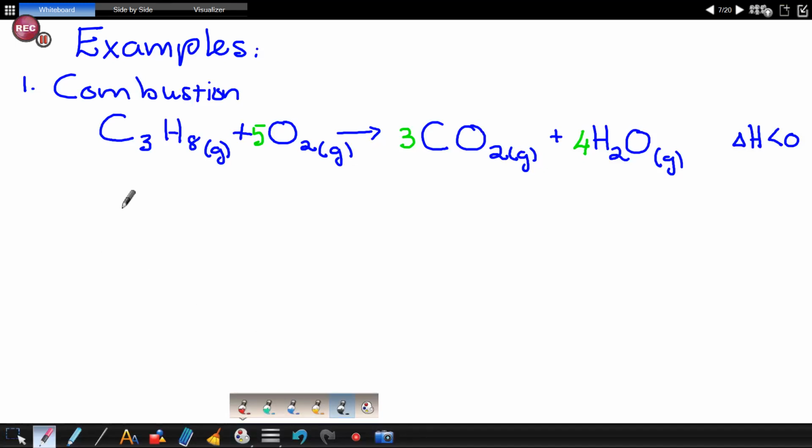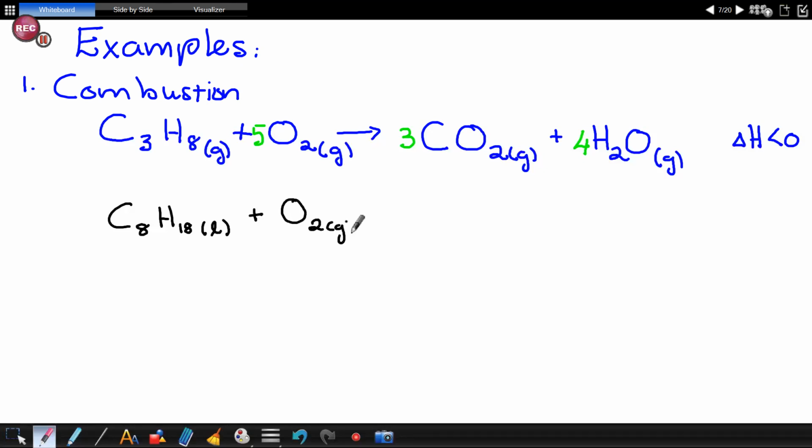So octane is C8H18. Okay, and this will be a liquid. Plus O2, which is a gas, goes to, I know for sure, like I know the reactions of the acids with the different substances.